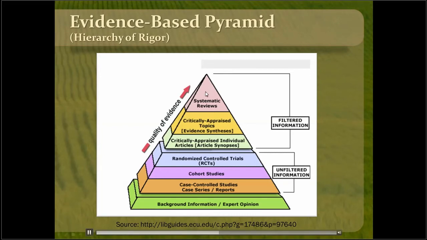So we have these systematic reviews towards the top, and single studies, whether they're RCTs or non-experimental studies like cohort studies, are in the middle. We tend to lend more weight to groups or collections of studies than to individual studies.